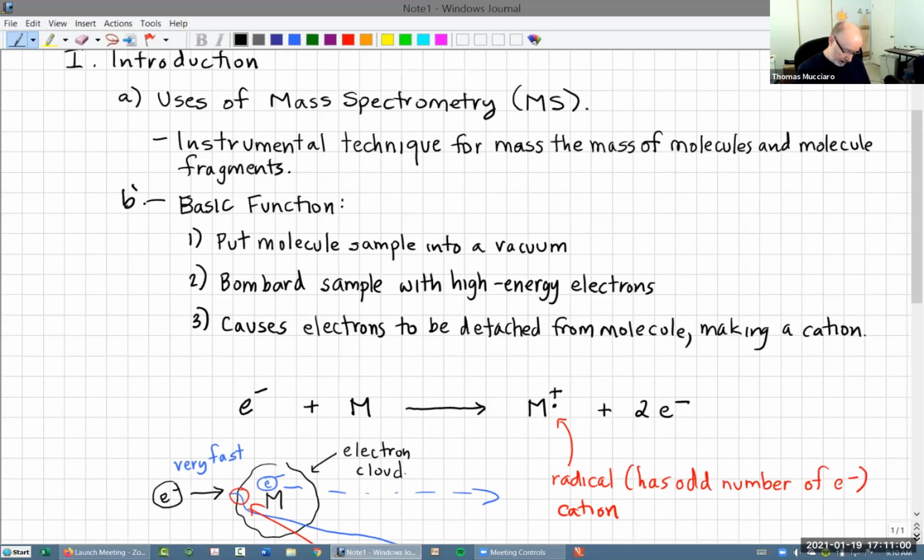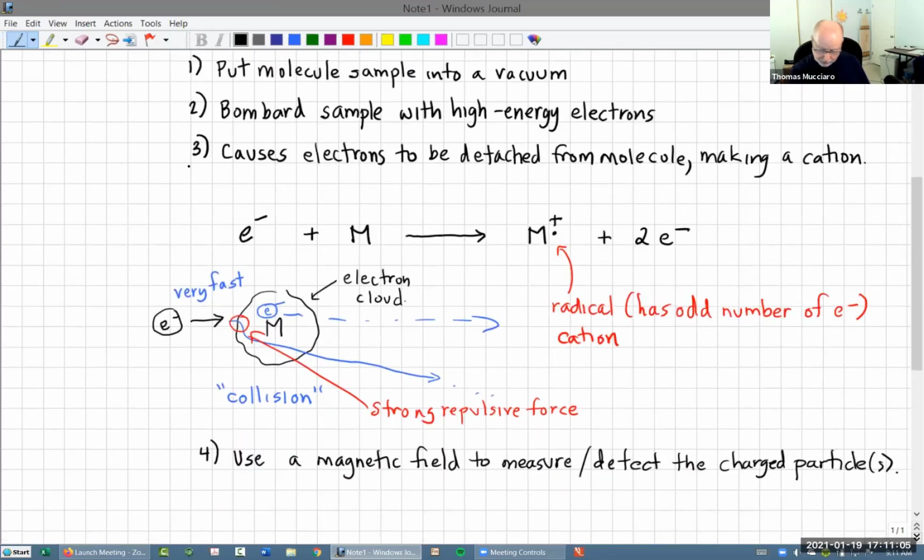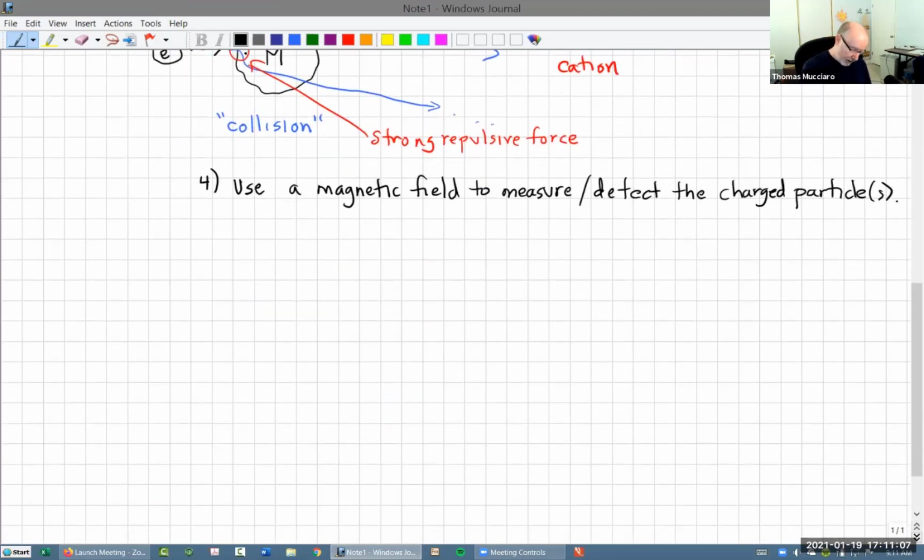Sorry, this was supposed to be section B. Okay, so let me draw a very diagrammatic picture of what a mass spectrometer would look like. And one thing I'm going to tell you is that I'm going to be drawing a very traditional instrument, I would say.